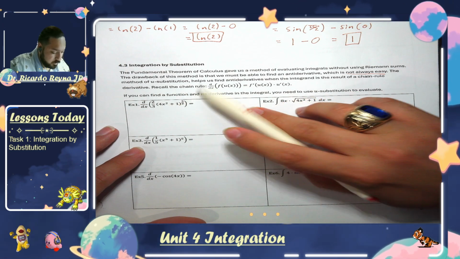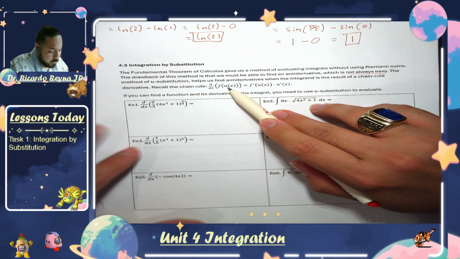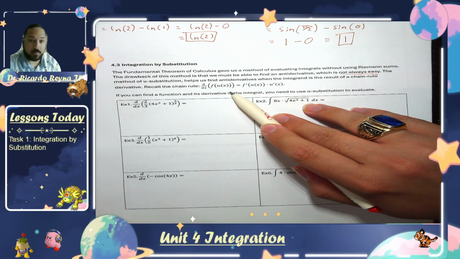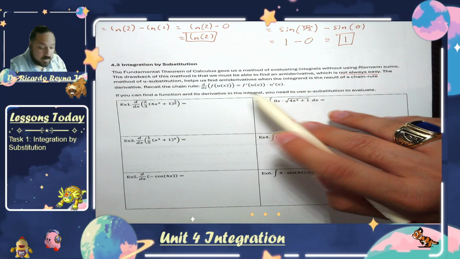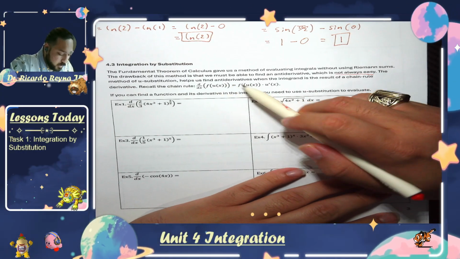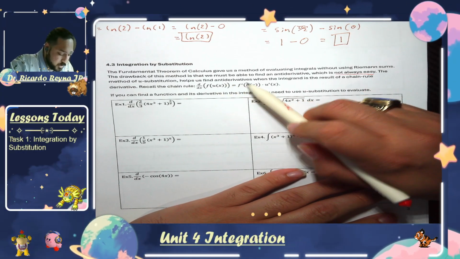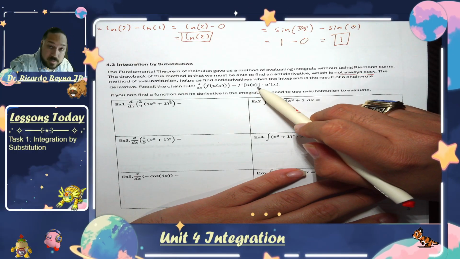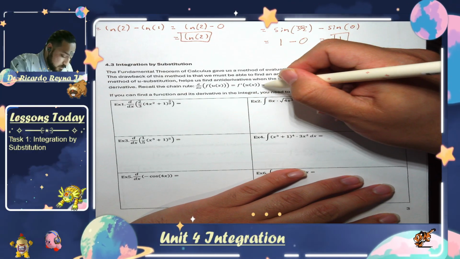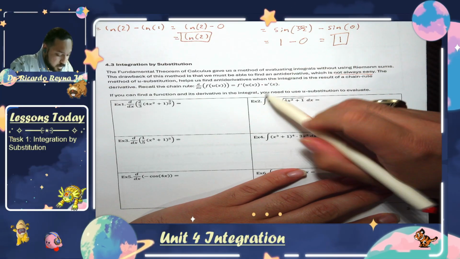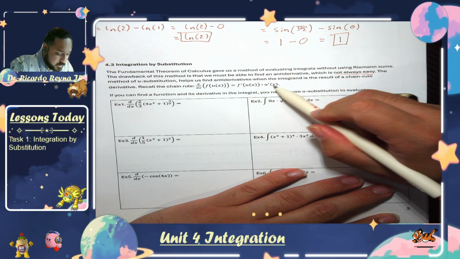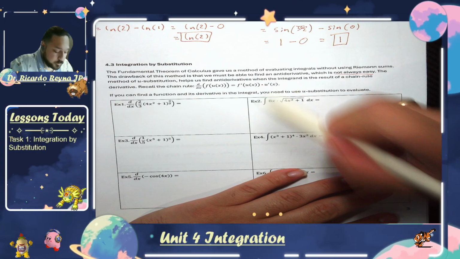Recall the chain rule. When you take the derivative of a function within a function, all with respect to x, you have a product. You have the derivative of that function with the original intact, and it's multiplying, emphasis on multiplying, the inside's derivative.